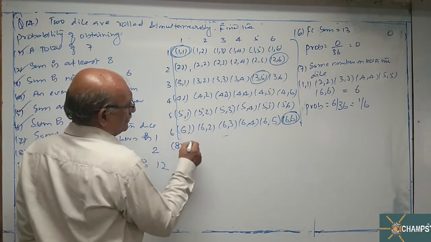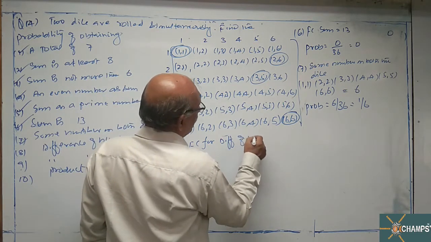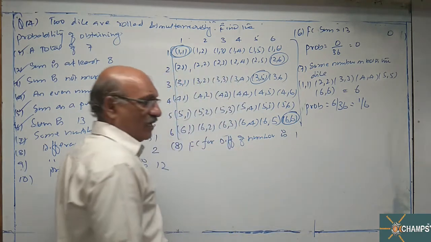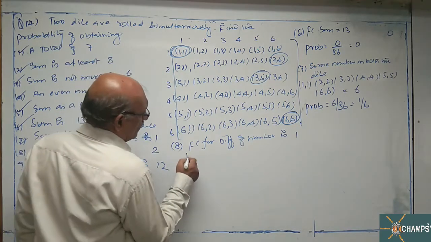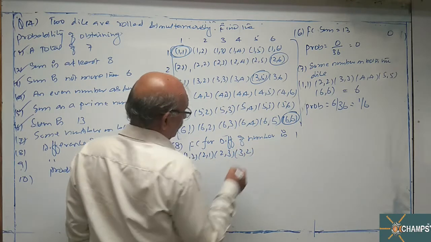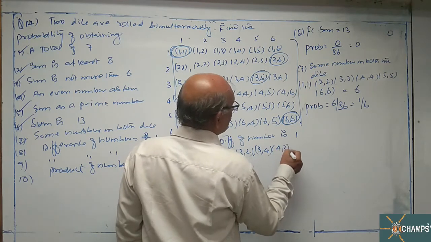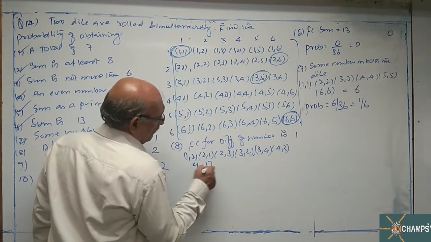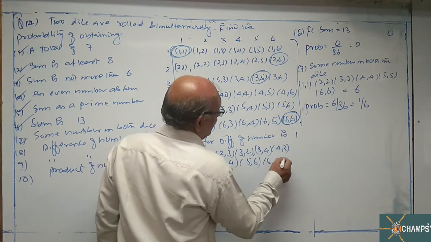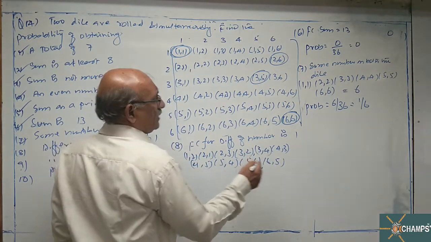Next question number 8. Favorable cases for difference of numbers is 1. 1 comma 2, 2 comma 1, 2 comma 3, 3 comma 2, 3 comma 4, 4 comma 3, 4 comma 5, 5 comma 4, 5 comma 6, 6 comma 5. 1, 2, 3, 4, 5, 6, 7, 8, 9, 10.